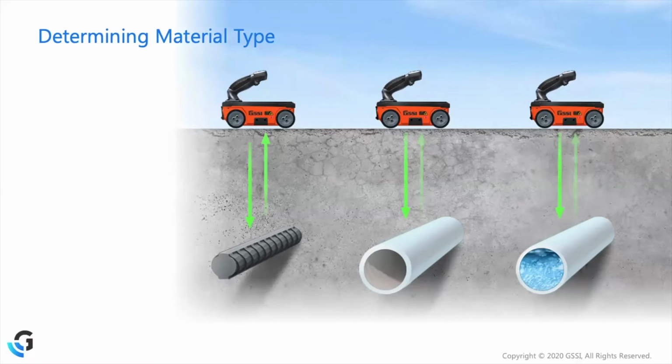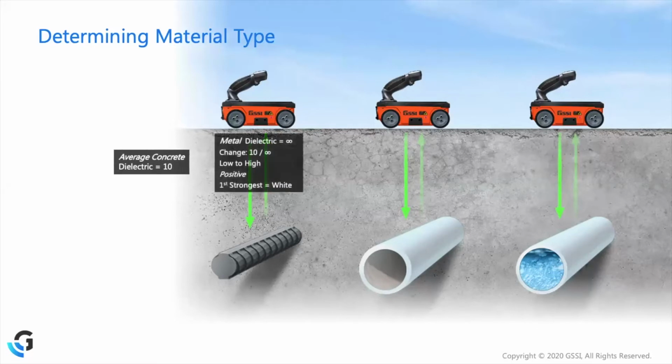So let's say we have some concrete with a dielectric of 10. Now, if we encounter metal, metal has an infinite dielectric, right? So GPR, for all intents and purposes, cannot pass through metal because it's a perfect reflector for GPR energy.